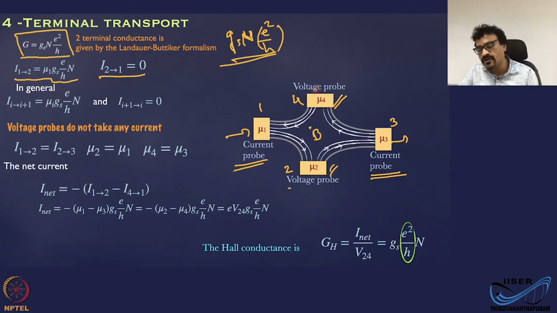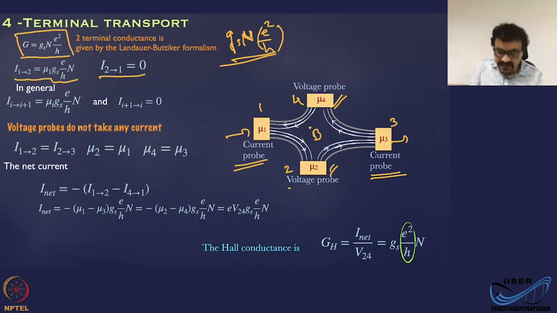But 3 to 4 you again get mu3 Gs e by h into N. Similarly, 4 to 1 you get the same current because this voltage probe does not take any electrons. It cannot inject or remove electrons. So all the current starting from 3 will reach here through this path.